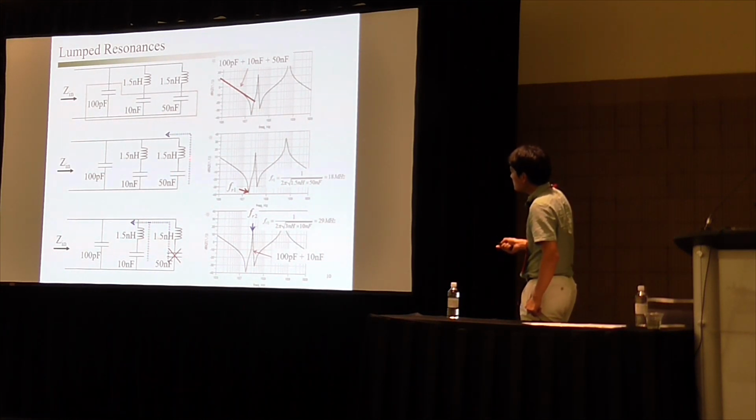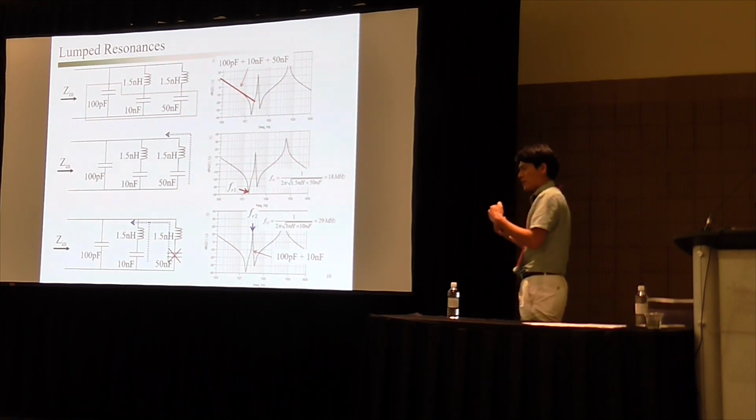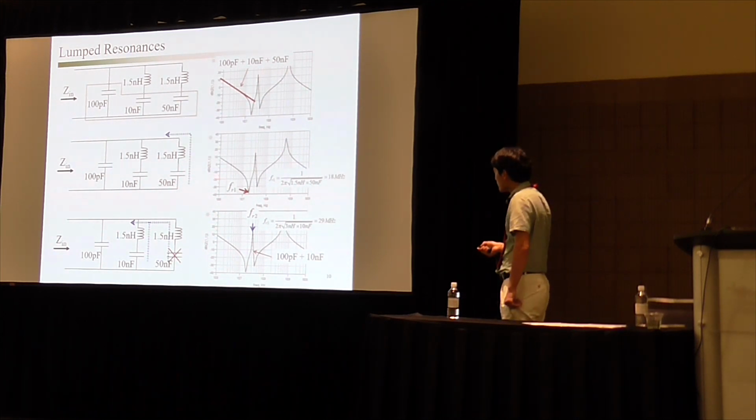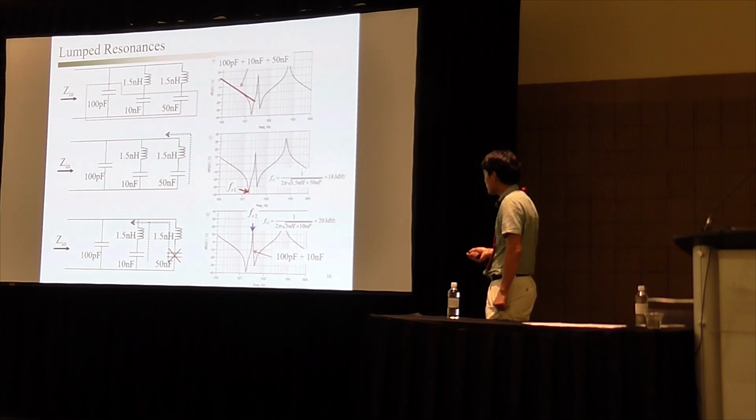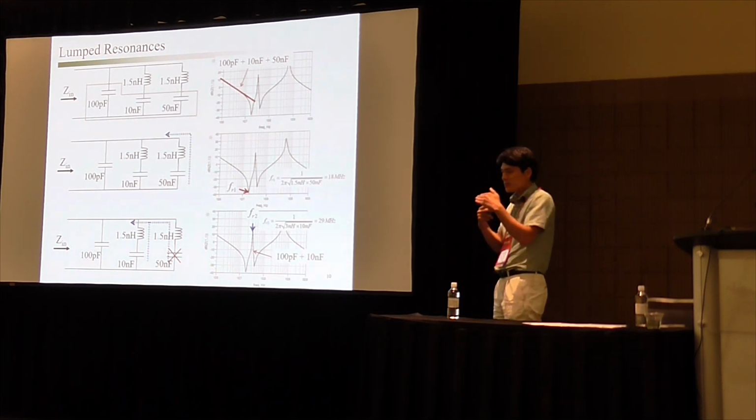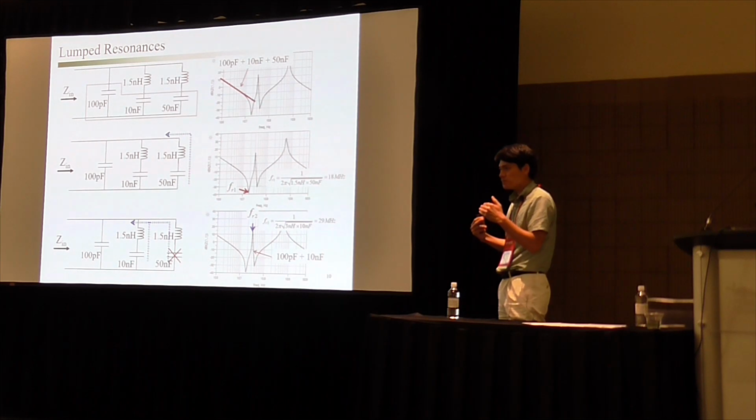And then series resonance kicks in. Here you can see that at this frequency, this LC circuit will resonate, and a series resonance gives a very sharp dip in the PDN impedance profile. You can see the first series resonance from this branch. After this series resonance, the effect of this capacitor is gone, because the impedance from this capacitor is too low.